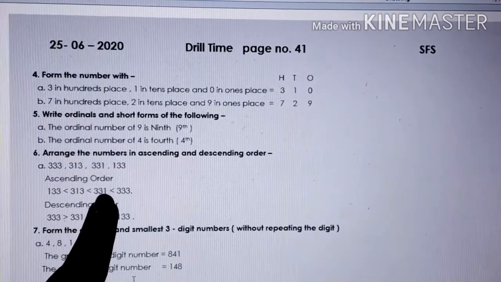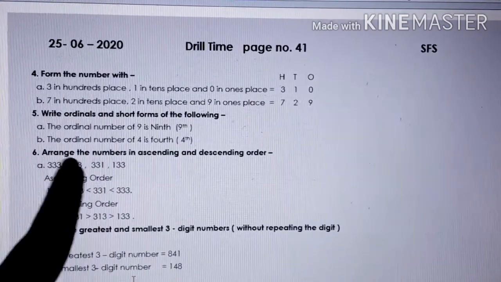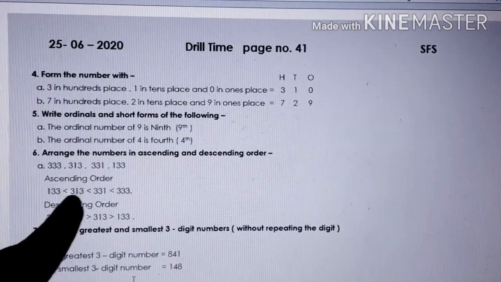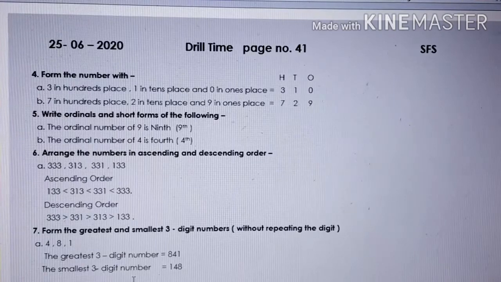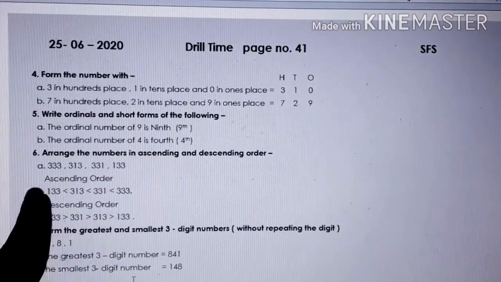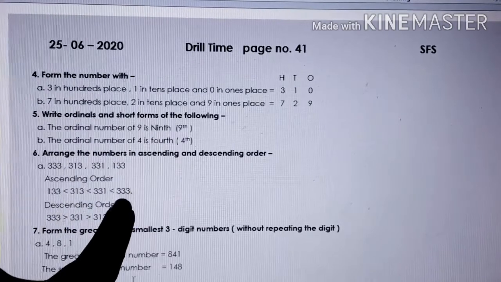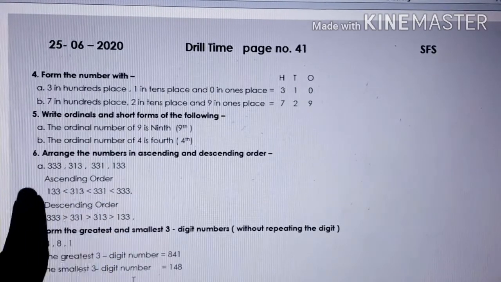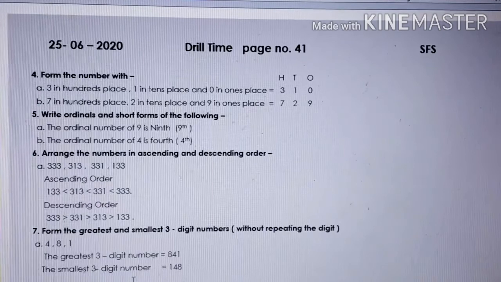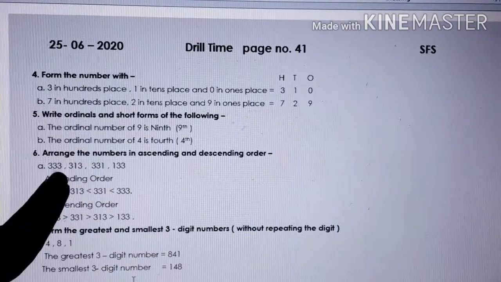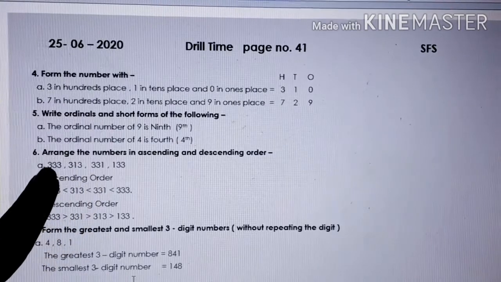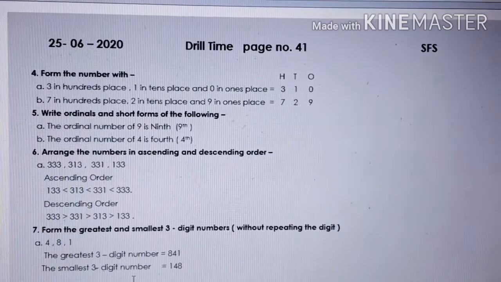So third will come 331 and the last will come 333. This is how we will arrange in ascending order, and descending order is just the reverse of this, children. 333 first comes, then 331, then 313, then 133. Okay, and if you have to see arrange directly from the numbers, children, then also you have to use the same rule.